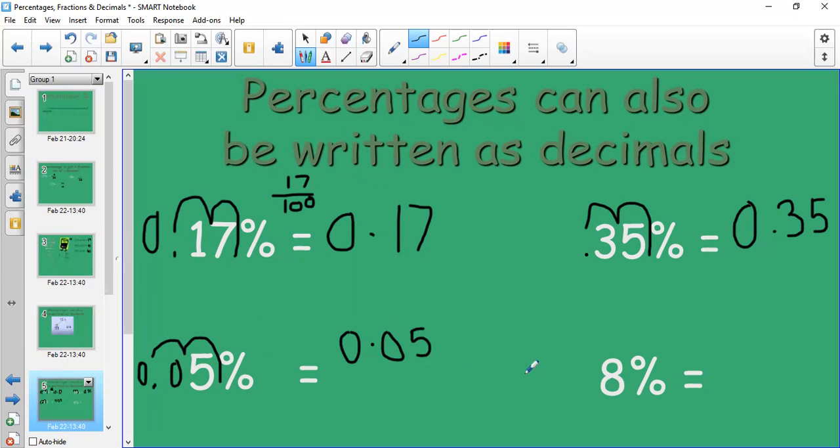Okay? 8% as a decimal. Let's divide 8 by our 100, move our decimal point back 1, 2 places, and we put our placeholder, our 0, in the correct places. So 8% as a decimal is 0.08. Okay, so that's how you convert a percentage into a decimal.